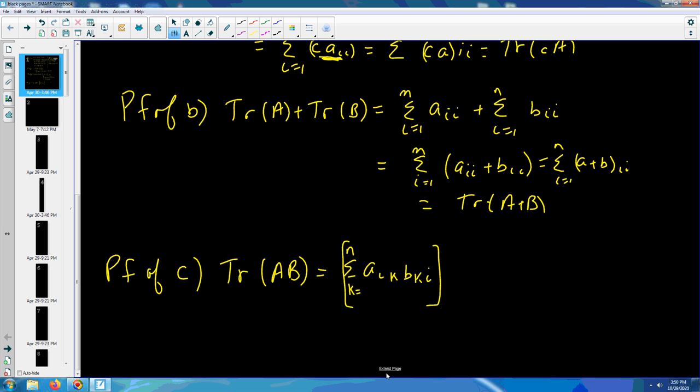That is the ii entry of AB. Now we need to sum them all up. And this is as i goes from 1 to n.